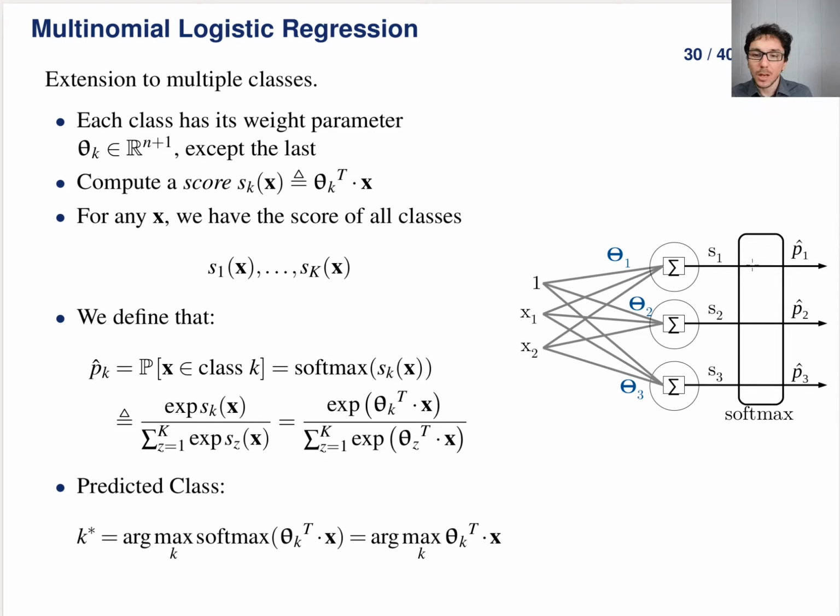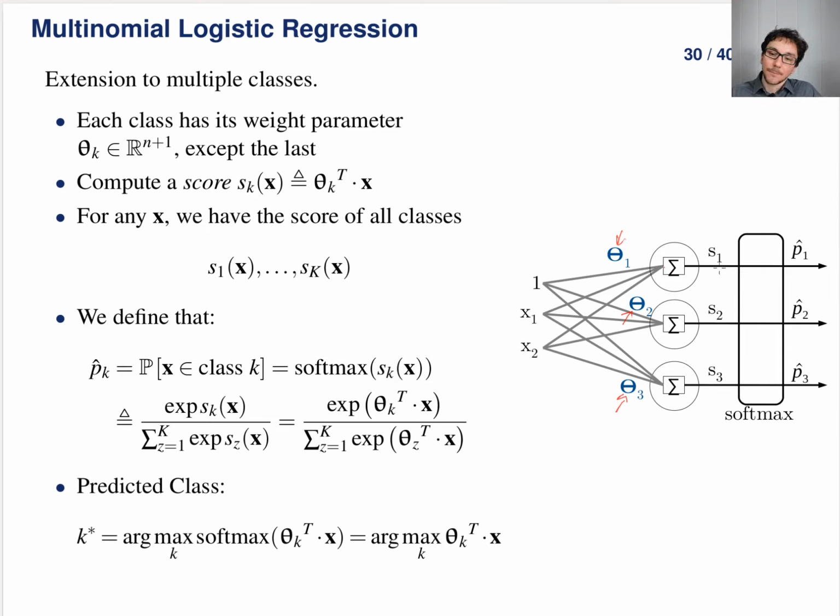So suppose you have 3 classes, 1, 2, 3. Now, instead of just 1 neuron, we need 3 neurons, 1 per each class, and each neuron has its parameters, theta 1, theta 2, and theta 3.